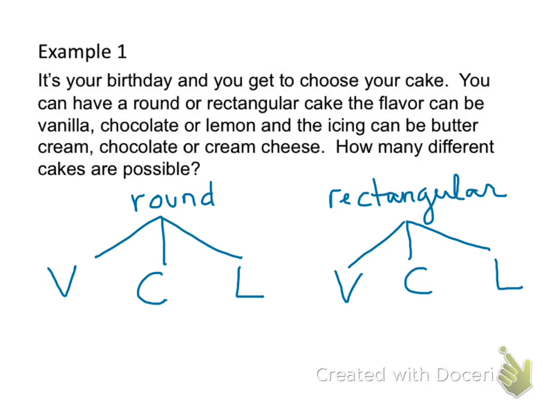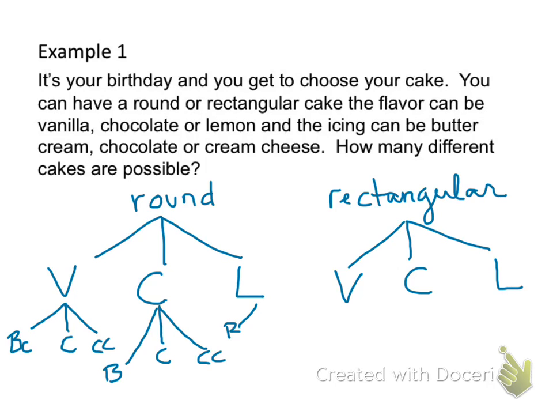Once I've picked the shape and the flavor, I get to pick my icing. My icing can be buttercream, chocolate, or cream cheese. So each one of these can have another 3 branches coming off: buttercream, chocolate, or cream cheese.